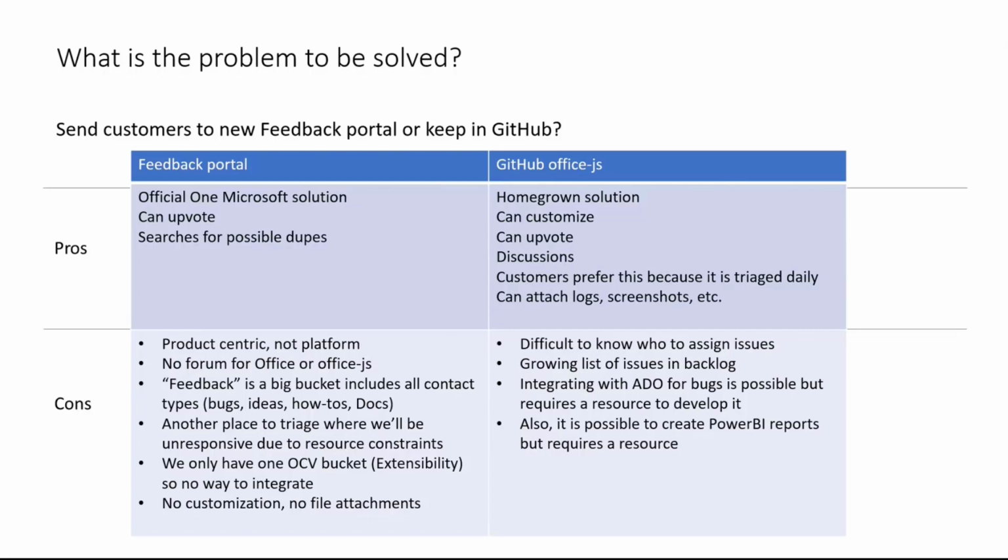We can integrate, GitHub now has a connector for ADO, but we would need to find somebody on the team or find somehow to develop that resource, because we're very tight and resource constrained with this effort to volunteer to track down all of our customer feedback. We do have plenty of Power BI reports that we can use, but again, that requires somebody to figure out that aspect of it.